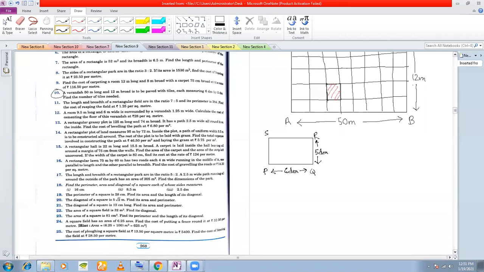So the question is, how many tiles are needed to tile the floor of this veranda?